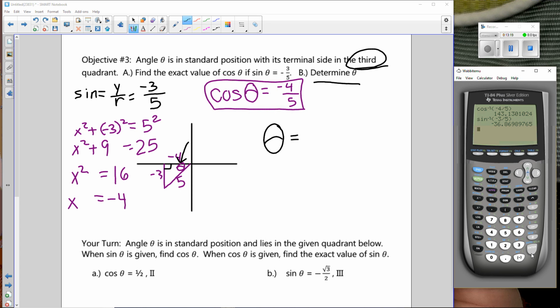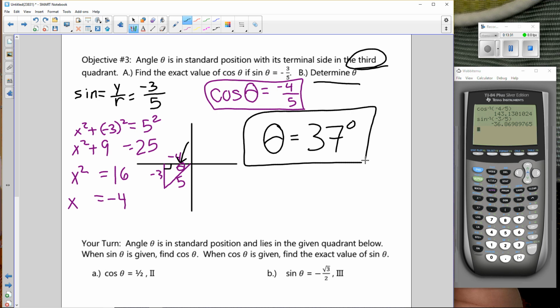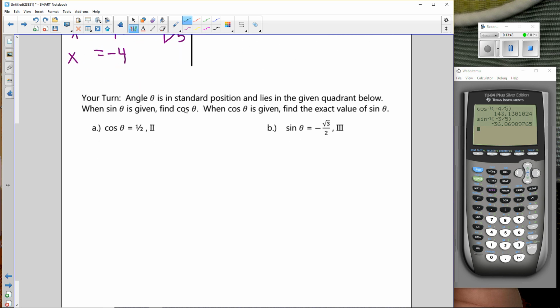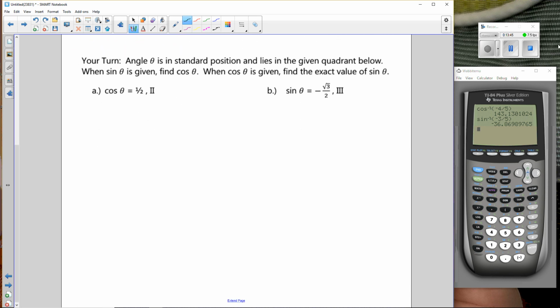And you could have gotten that from 143. 143's reference angle is also 37 degrees. So theta, in this example, is 37. And there's only one answer because the problem said theta is in the third quadrant. So try those last two, pause the video, and I will show you the answers here in just a moment.